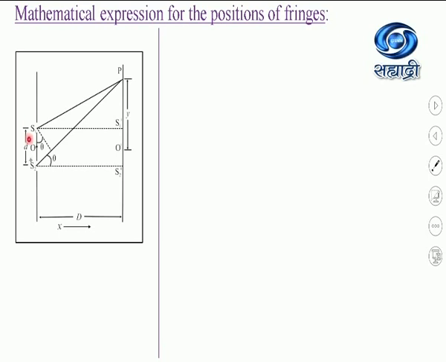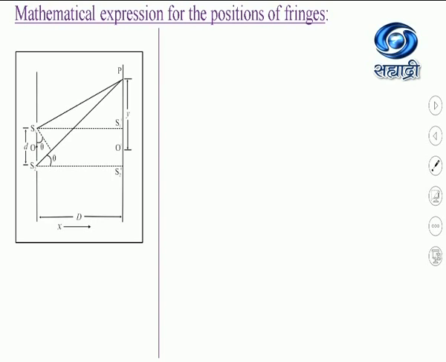Now, as I said, O is the center of the two slits. We consider one point on the screen, which is point O dash, which is directly in front of O, and it is also equidistant from S1 and S2.